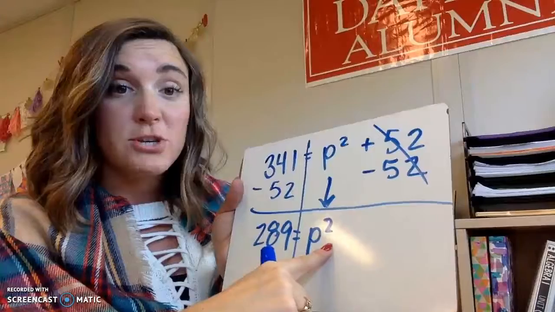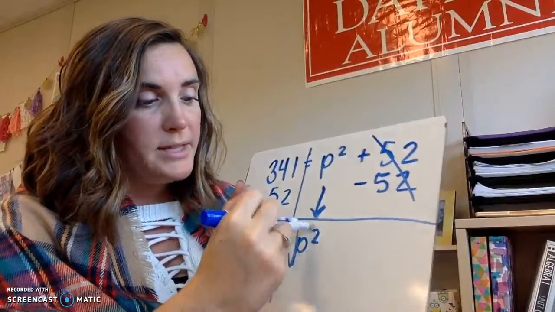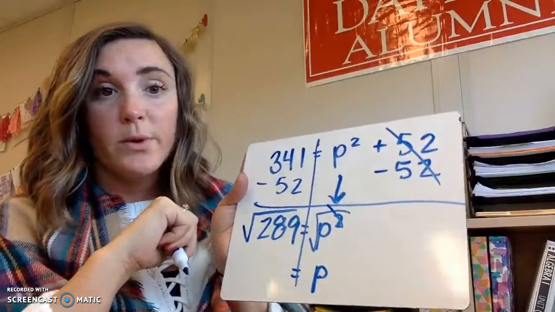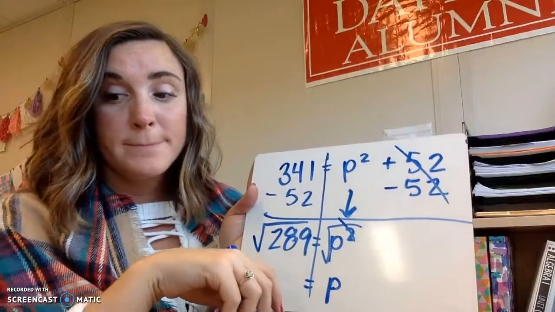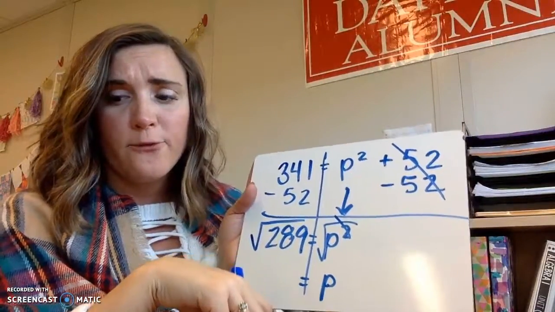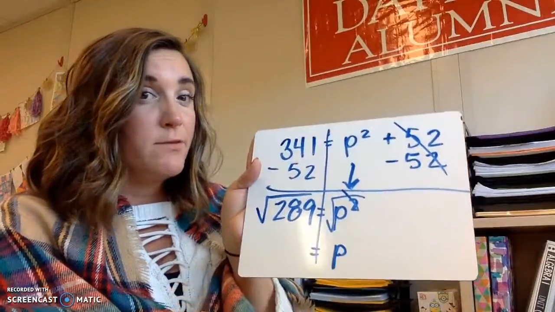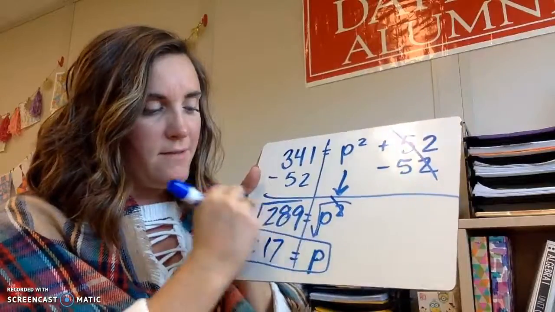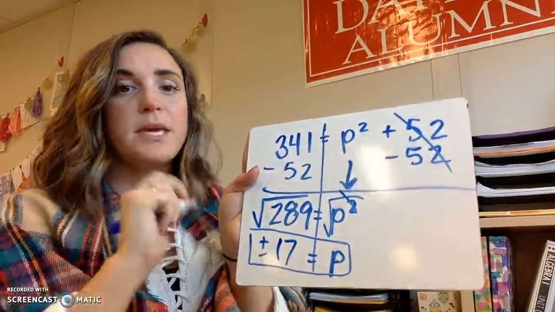Got to get rid of the 2, so you're going to square root both sides. So that means p equals, what's the square root of 289? I think we already did this one on the front, didn't we? So maybe it's going to sound familiar now. 17 or -17. p equals plus or minus 17.